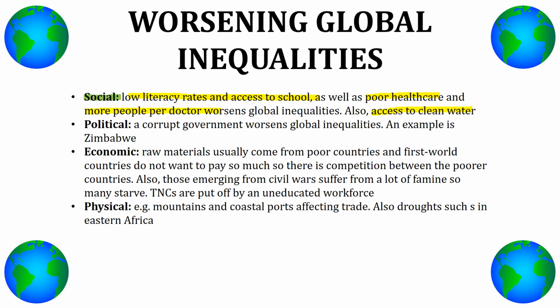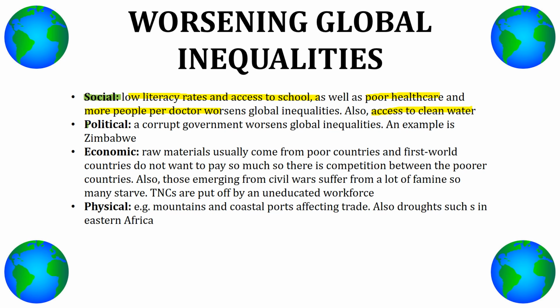More people per doctor put strain on the doctor, so fewer people are actually able to be treated, and less access to clean water all contributes to a deteriorating quality of life and standard of living. So these social factors worsen global inequalities, because in some countries where this is all improving, it's completely deteriorating in other countries.